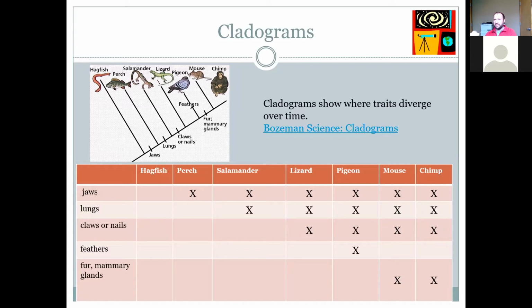The other thing is, if you think about a lizard versus a salamander, if you've ever seen both of those things, one has claws and one doesn't. So what benefit do claws have? Well, they can climb easier, right? So salamanders can't climb up and scale up a tree or a building or a rock very easily.